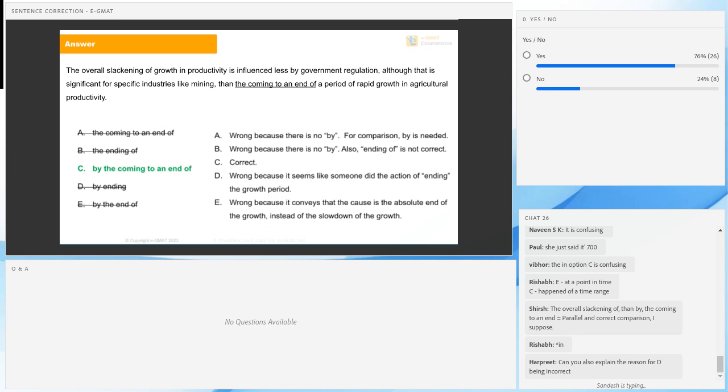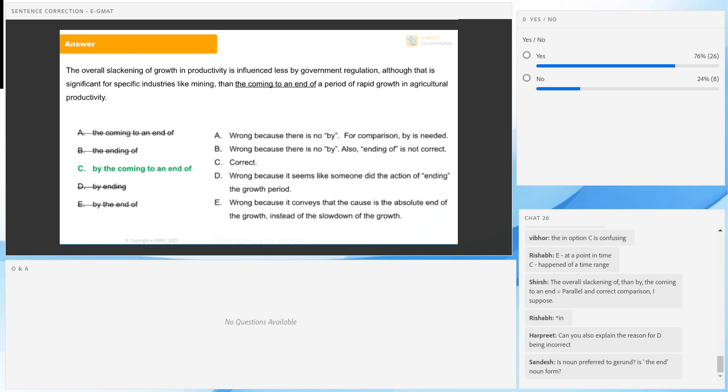Okay. Now, "by ending" is wrong. Why? Because it seems as if someone is doing an action of ending the growth period. It's as if there is some other agent doing the action of ending, and that is what the second factor, or the more prevalent factor, is, and that is not at all what the original choice is saying, okay?